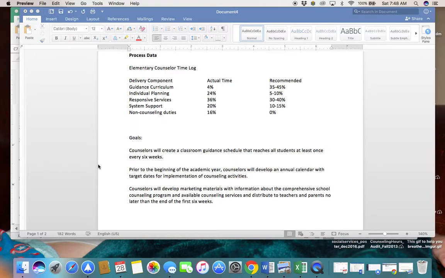So an annual calendar keeps you on track of, oh yeah, in 3 weeks I'm supposed to be doing this. I'm supposed to be starting small group counseling sessions. And so I need to get busy with the process of setting those up.